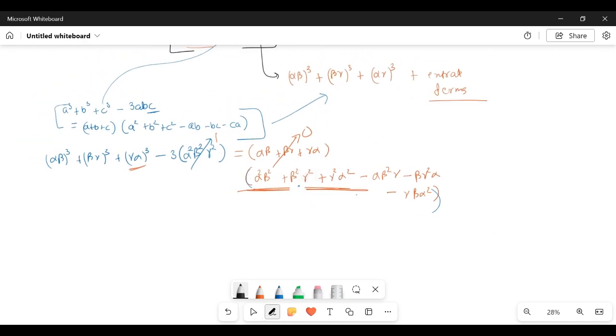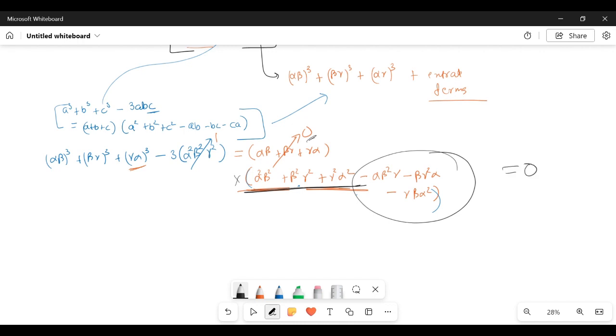Like we were discussing, as this was going to 0 and we did not know the value of this, it is some very monstrous looking expression, but you can see that there is an into sign in between, so that would simply become 0.